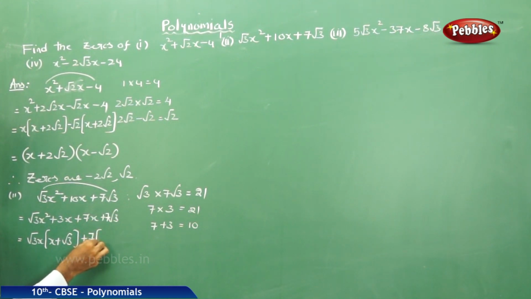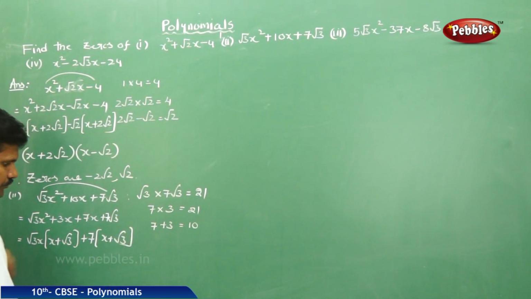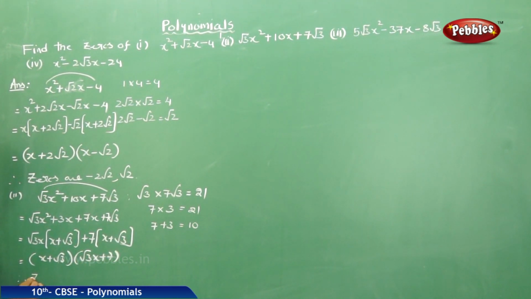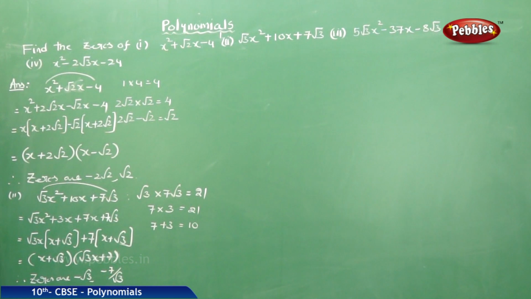If I take 7 as the common, x plus root 3. Therefore the common factor is x plus root 3 and the other factor is root 3x plus 7. Therefore conclude the answer, zeros are 0 of x plus root 3 is minus root 3 and the 0 of root 3 x plus 7 is minus 7 by root 3.